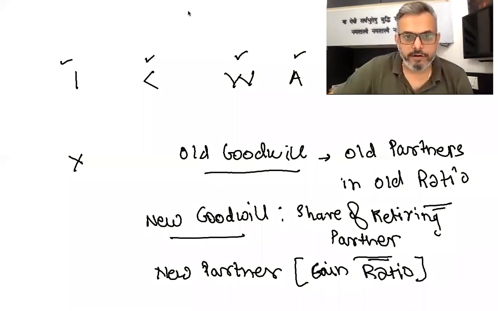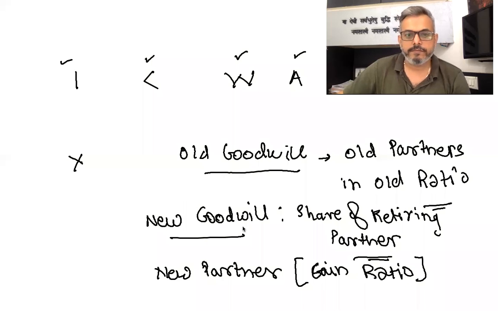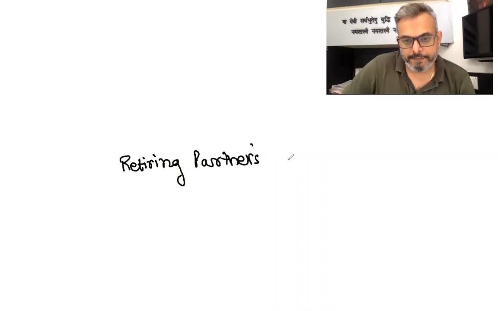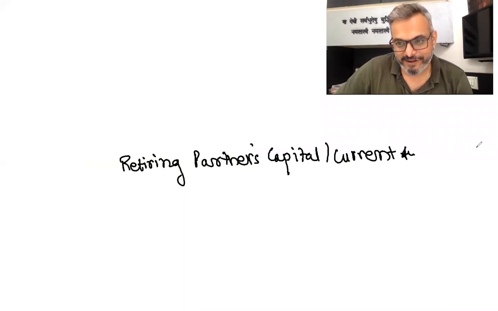So over here, for the adjustment of goodwill, we can write a standard entry, and the entry goes this way: retiring partner's capital or current account. Okay, there can be a current account also, credit.